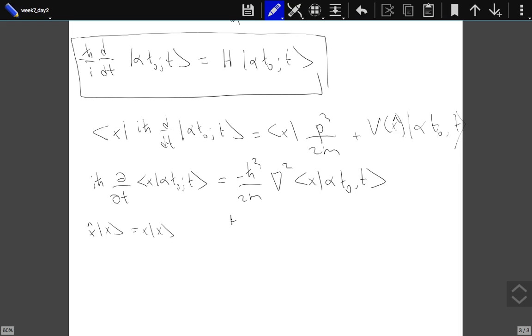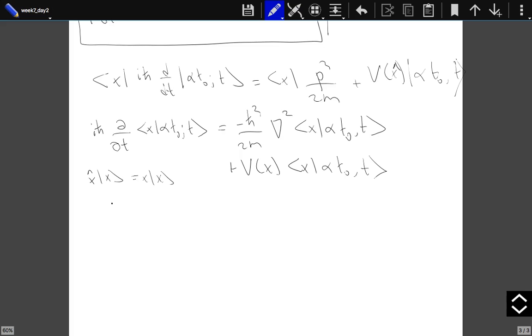That basically tells me that that term just becomes this term. Now in that second line, x is just a number, it's no longer an operator. The position operator already acted on the bra x, so the operator just became its eigenvalue in a sense.